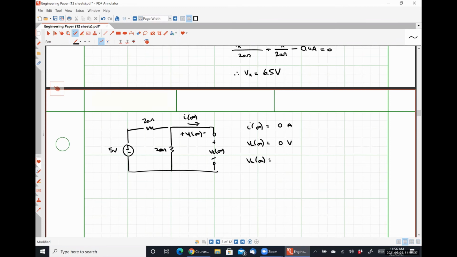Okay, let's see what chat says. VC is 2.5 volts. Absolutely right. Because we know that the voltage drop is going to distribute itself evenly over those 2 identical 20 ohm resistors. So that's absolutely perfect. Thank you for the Zoom coming in and letting me know that you're paying attention.